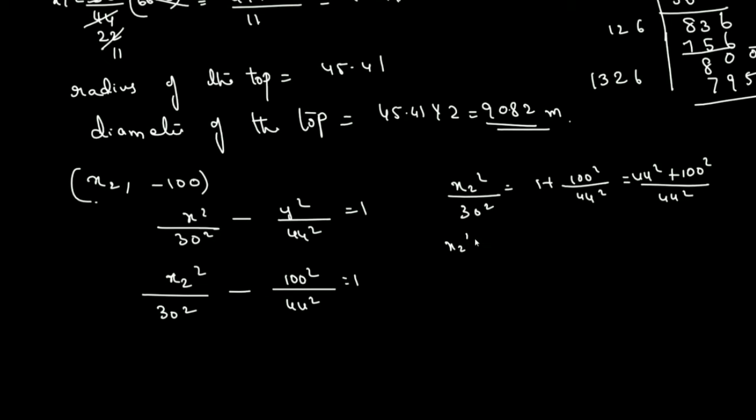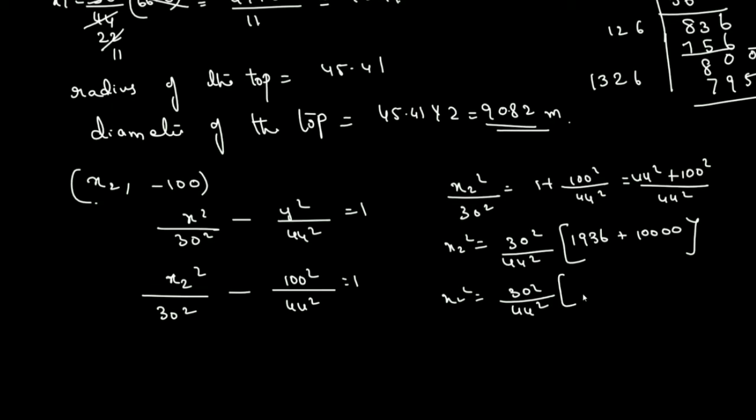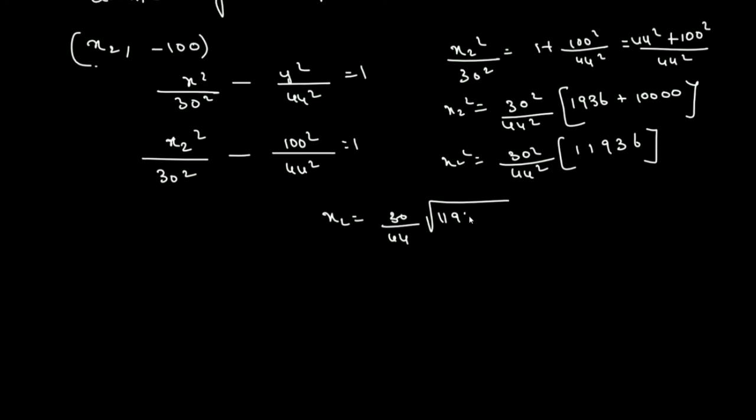So x2 square is equal to 30 square by 44 square times 1936 plus 10,000, so 11,936. So x2 will be equal to the root of this. So x2 is 30 by 44 into the root of 11936.